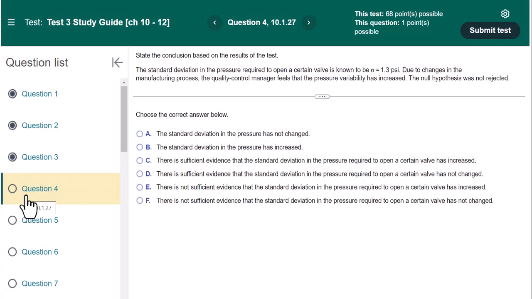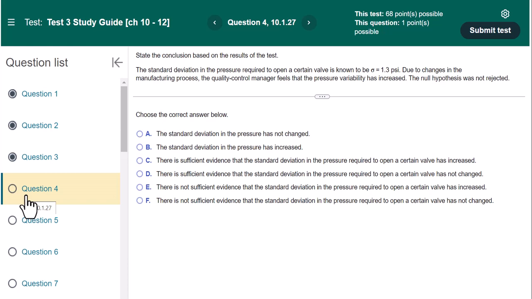Okay, now we're going to go to the next question 4. The standard deviation in the pressure required to open a certain valve is known to be sigma equal 1.3 psi. Due to changes in the manufacturing process, the quality control manager feels that the pressure variety has increased, and the null hypothesis was not rejected. So if you don't reject the null hypothesis, then you don't support the alternative hypothesis.